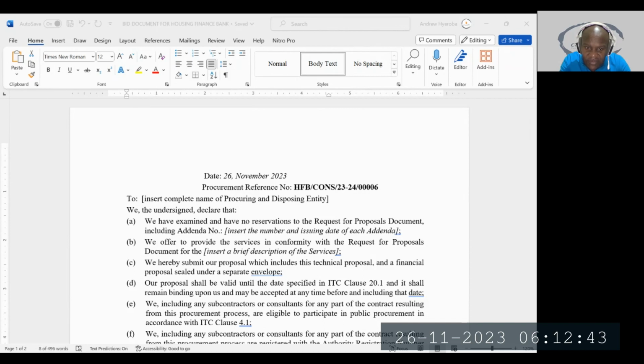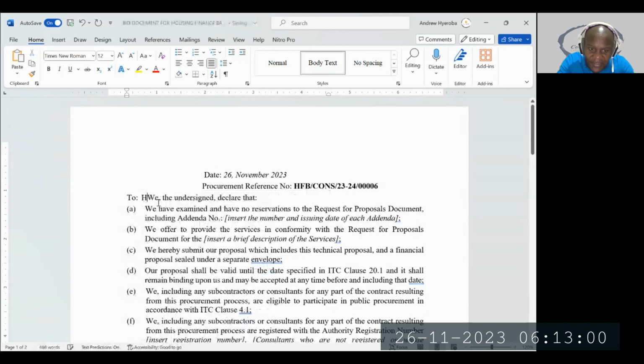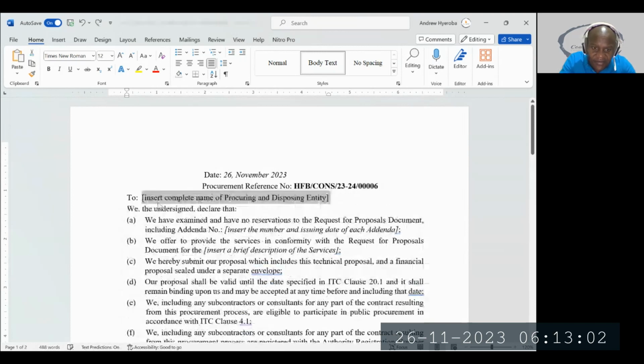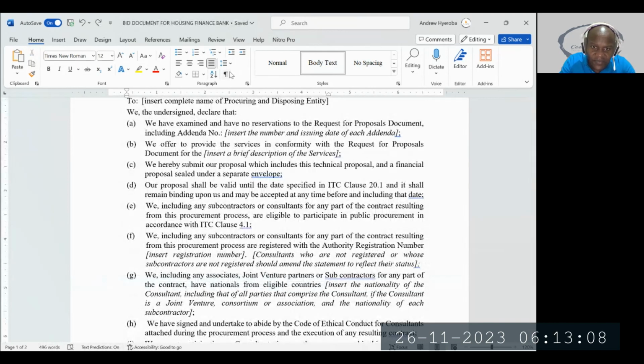So procurement, to insert the complete name of the procuring and disposing entity. That is, sorry. Now I'm using Microsoft Word, so I'm going to use non-printing characters.